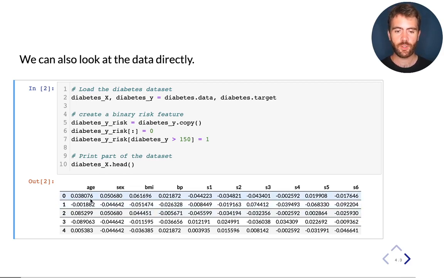So here, for example, age is taking these small values because we normalized the age column to have mean 0 and standard deviation of 1. So this data has been pre-processed, but these are valid representations of a patient's age, sex, BMI, blood pressure, and other physiological measurements. And the key variable that we want to predict here is the diabetes risk.